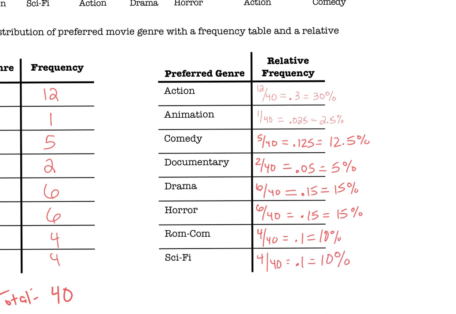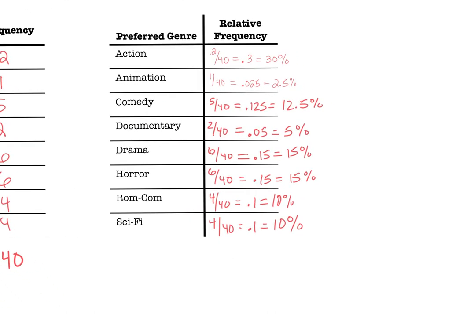Now, when you're done with your relative frequency table, you should be able to add up these percentages, and it should add up to 100%. Okay? So we get, let's see, 15 and 30 is 45, 50, 65, 80, 90, 100%.